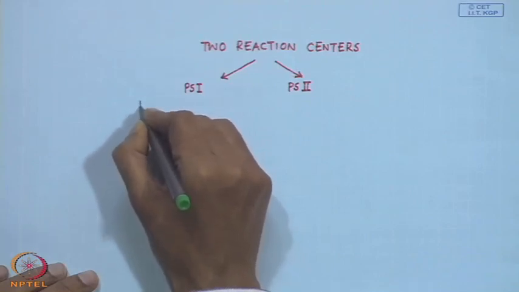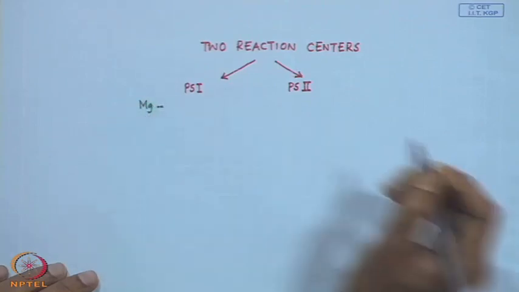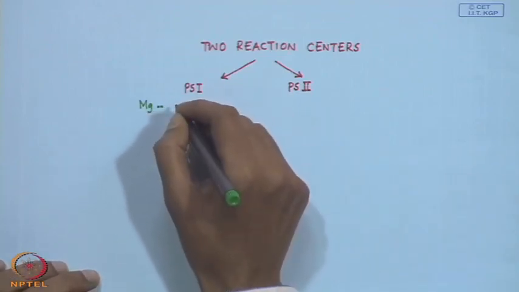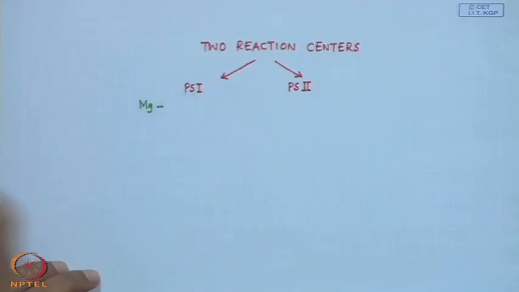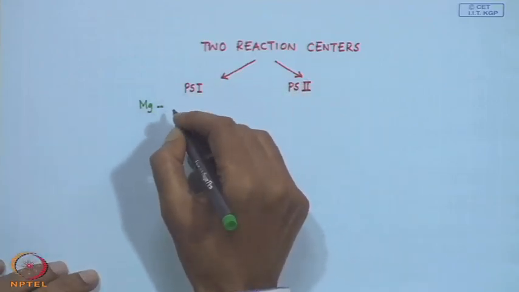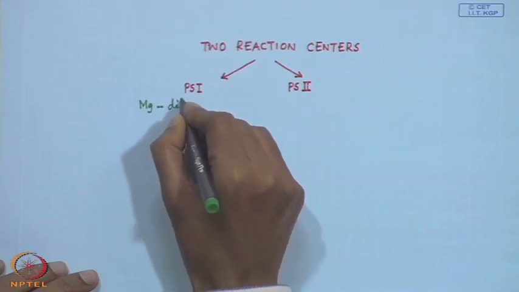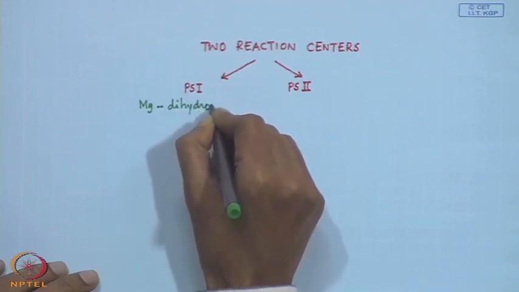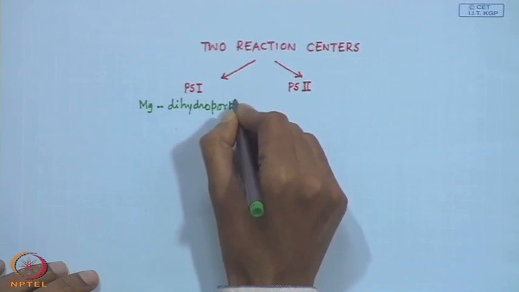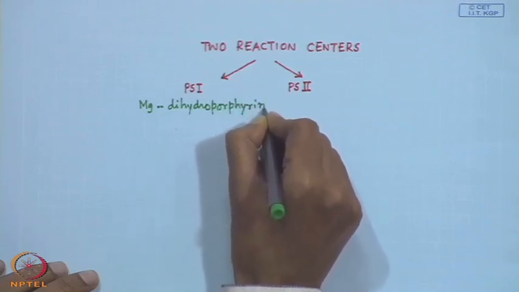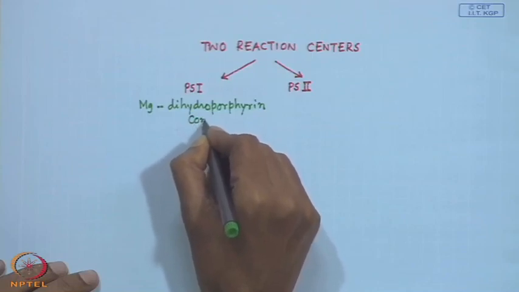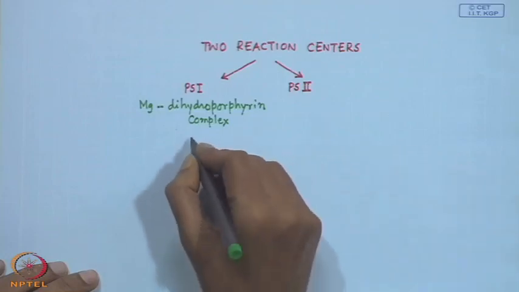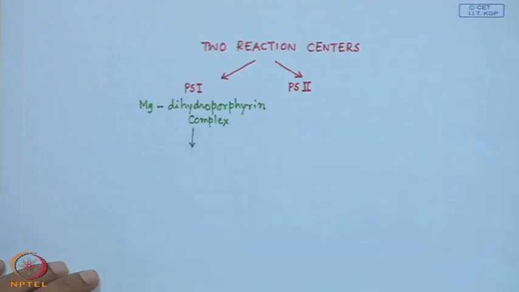and we have a complex which is a magnesium based complex. So, we are now bringing magnesium into the picture, and magnesium in biology helps us a lot. A magnesium dihydroporphyrin complex is present, again the porphyrin.